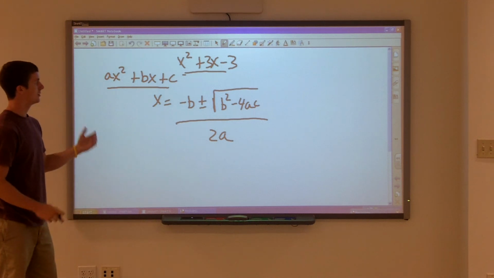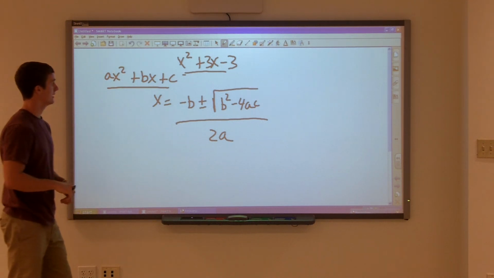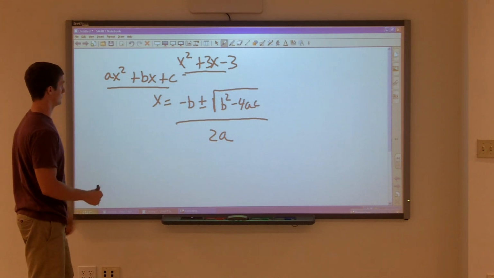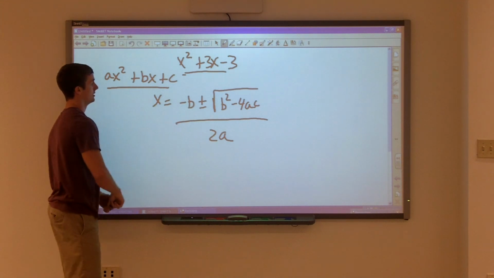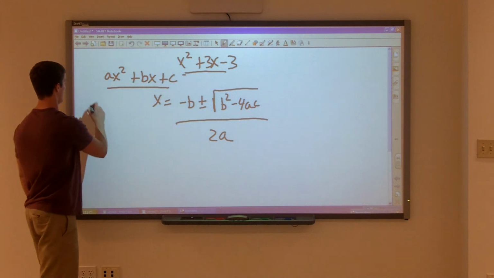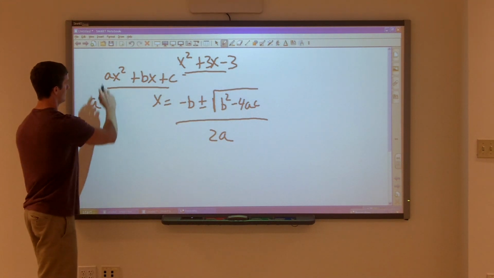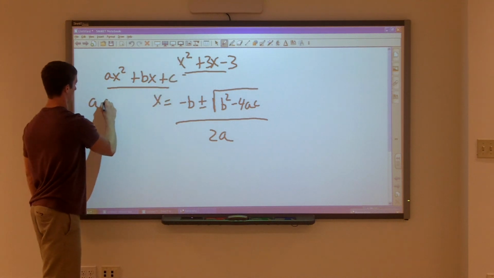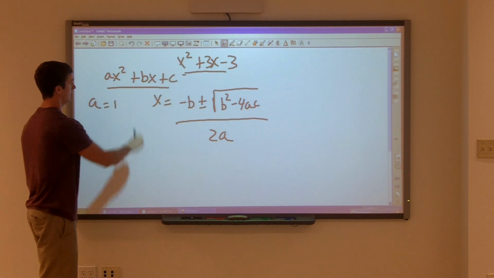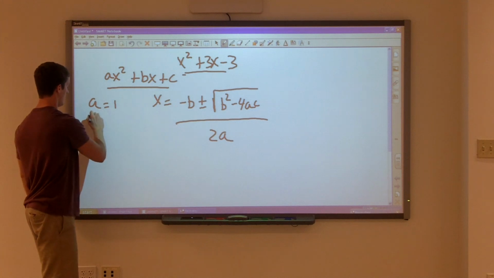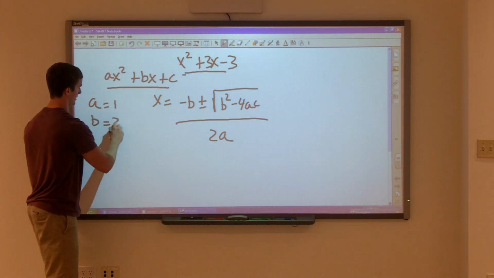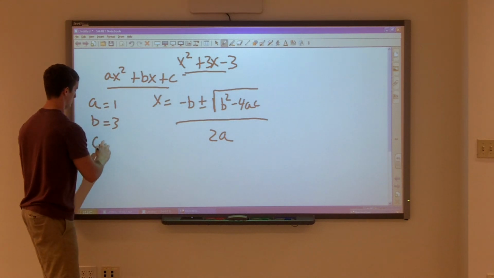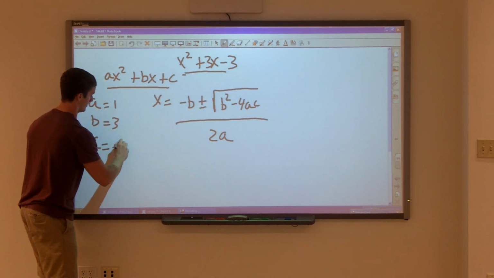Now we just have to match up our coefficients and our standard numbers and plug these back into the original quadratic formula. So we'll look at our a, and we see that the coefficient in front of the x squared is simply 1. In front of x, we have a b value of 3. And then for c, we'll have -3.